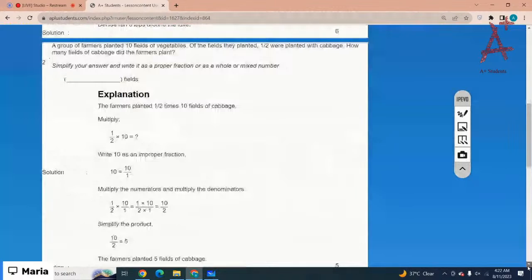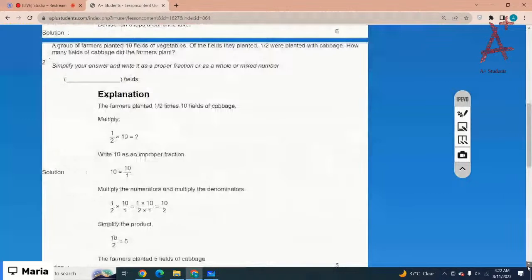A group of farmers planted 10 fields of vegetables. Of the fields they planted, half were planted with cabbage. How many fields of cabbage did the farmers plant? So you have to do half times 10, because the total farm fields are 10, right?